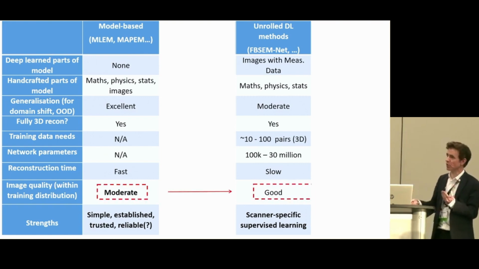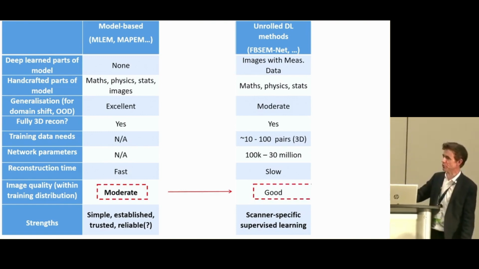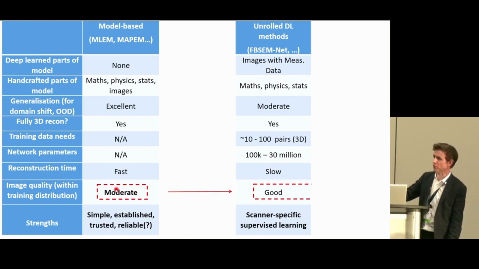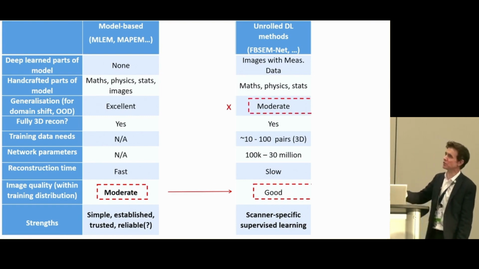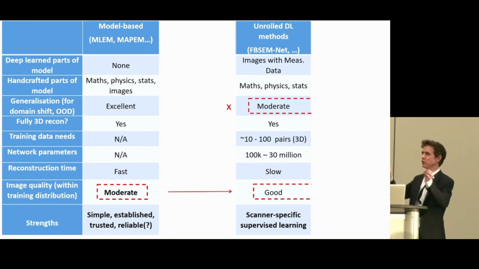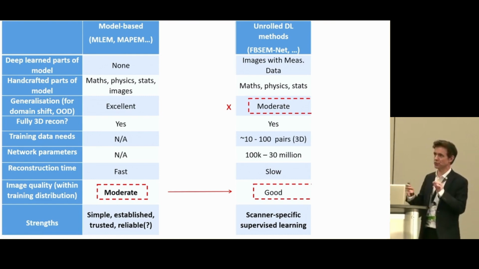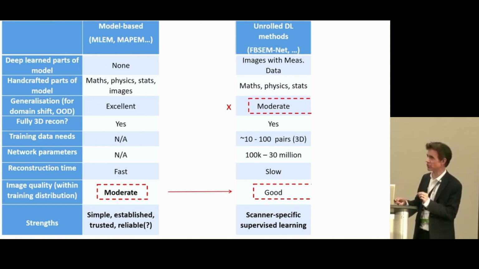But then what we've done by using the deep learning approach, the unrolled network, is that hopefully you've seen, just by those example images, we've gone from moderate image quality to good image quality. However, it's come at the possible loss of generalization capability. We could surprise the FBSEM net with some very unusual looking image, and we might end up with some errors or hallucinations, so generalization is a concern.